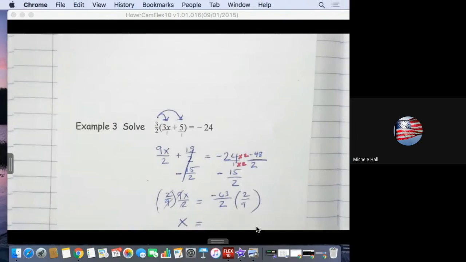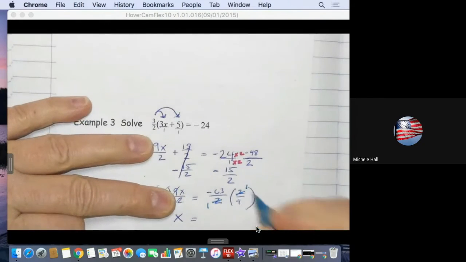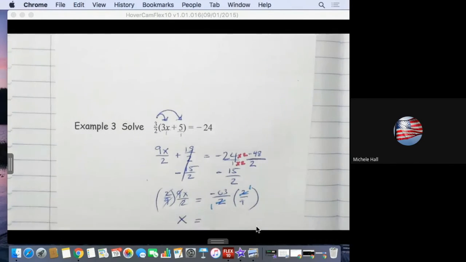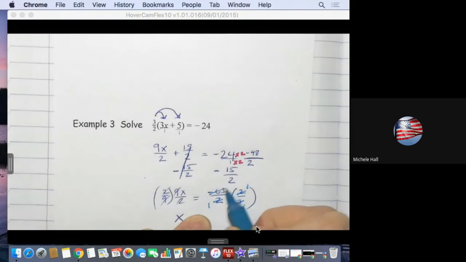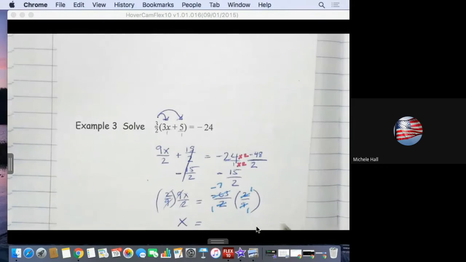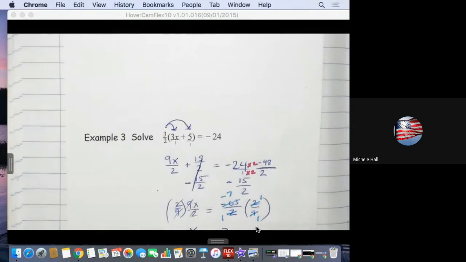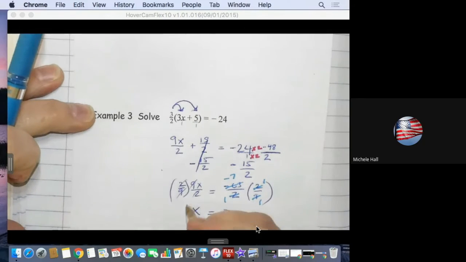And now I'm just going to do some cross canceling. 2 divided by 2 is 1. 2 divided by 2 is 1. And then I see 63 and 9 can cross cancel as well. I can divide out a 9. 9 divided by 9 is 1. Negative 63 divided by 9 is negative 7. So when I multiply straight across, negative 7 times 1 is negative 7. 1 times 1 is 1, which is just negative 7.